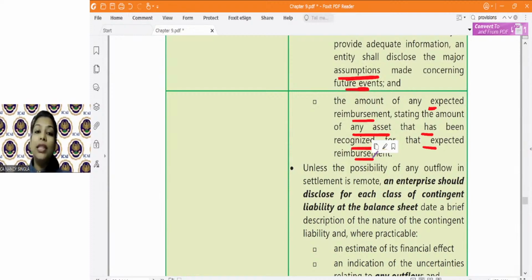Okay? So the expected reimbursement, समझ आया कि with respect to the warranty claims that may happen in the future, the company has taken some insurance on that. Okay? So the third party will be reimbursing it directly either to the company, to the third party, or let's say it will be reimbursing it to the company. So the expected amount of reimbursement.